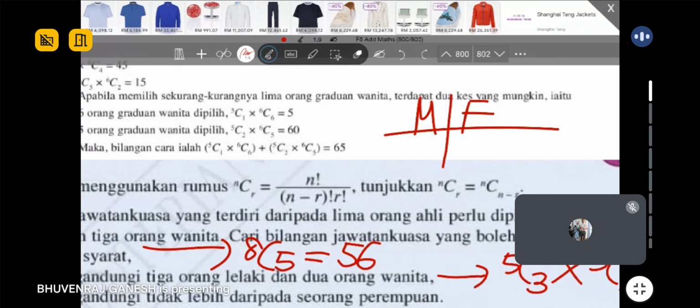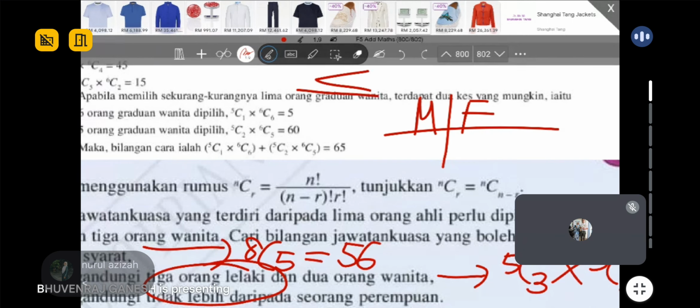If you have this word, tidak lebih daripada, what is the inequality symbol? Apa simbol ketaksamaan untuk soalan ini? Not more than. So not more than means less than or equal to. Ada sama dengan tau. Kena ada sama dengan. Okay? Not more than atau tidak lebih daripada, kena sama dengan.